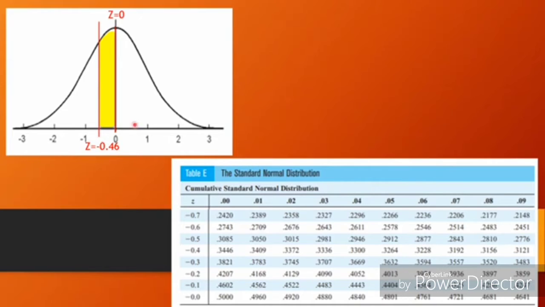First, let's find the negative 0.46, which is equal to 0.3228, and for z equal to 0, we have 0.5000.